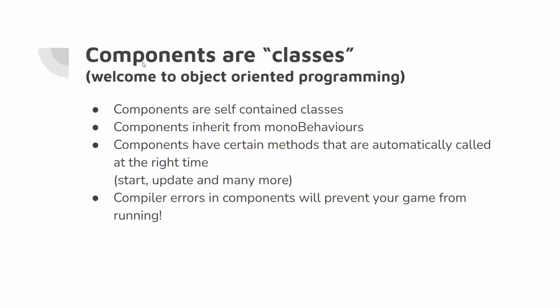But for now, be aware that you are doing full-fledged object-oriented programming because you're using components that are derived from another class called MonoBehaviour, right? Components inherit from MonoBehaviours. They have certain methods that are automatically called at the right time. They're the events that are built in. There's Start and Update, and there are many more, right?